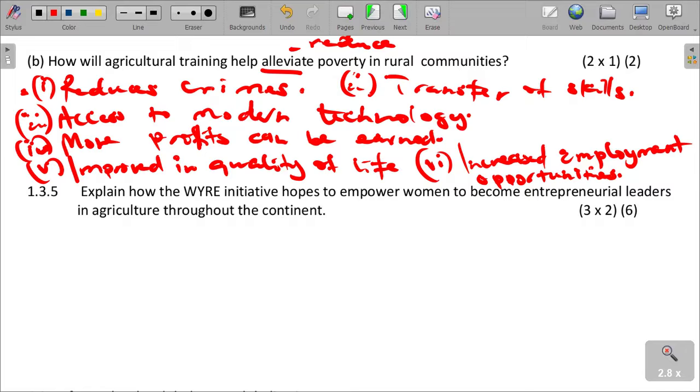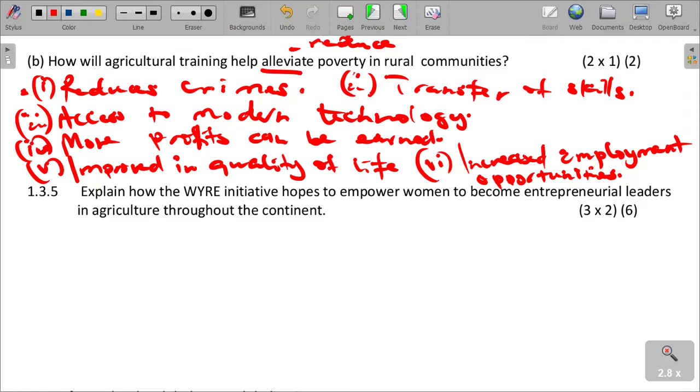So all these are methods through which poverty can be reduced. We have got also the issue of food security, and access to food becomes better. Therefore, when people have got access to food, we have got reduction in poverty. We also have diversification of both crops and animals. As a result of training in agriculture, people are able to grow and take care of various plants and animals, which can also help to reduce poverty.